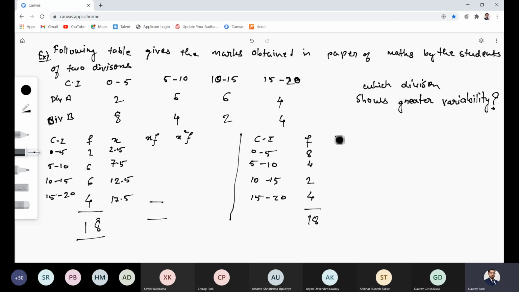So we'll have the class marks in the second one too. This is 2.5, 7.5, 12.5, 17.5, and then x square f. Do the summations, put the values, and tell me which division shows greater variability.